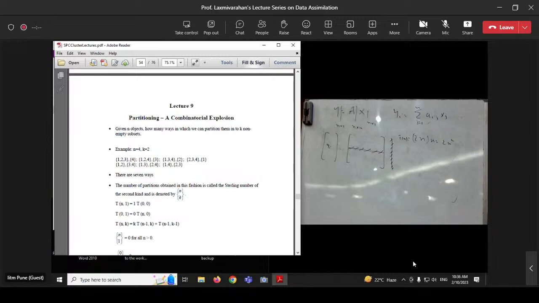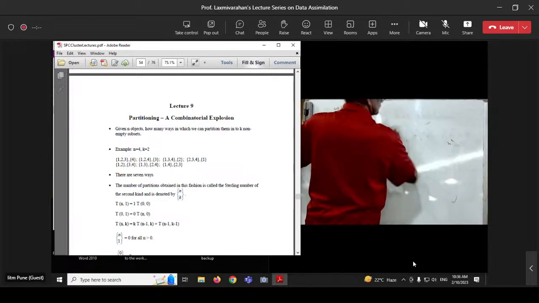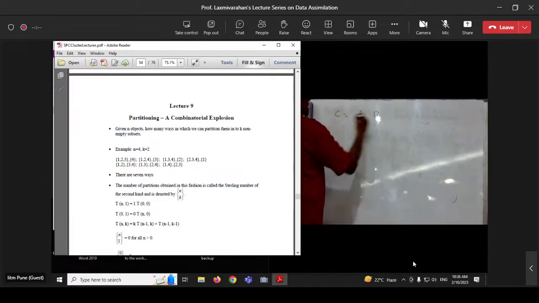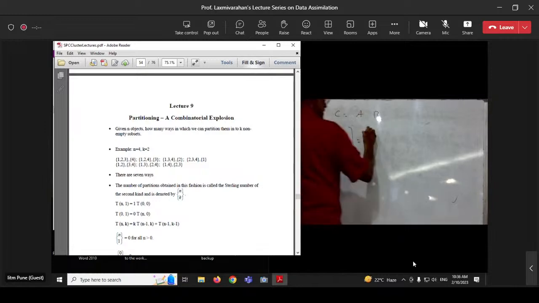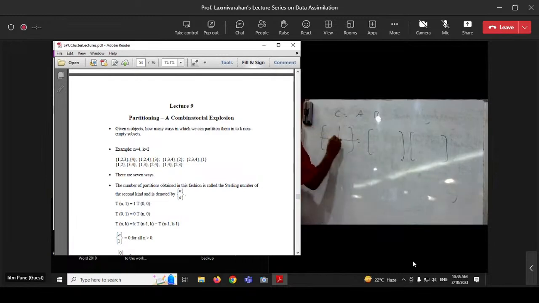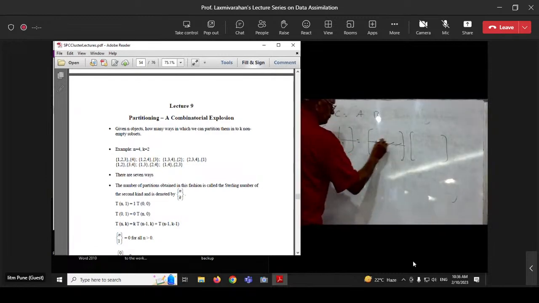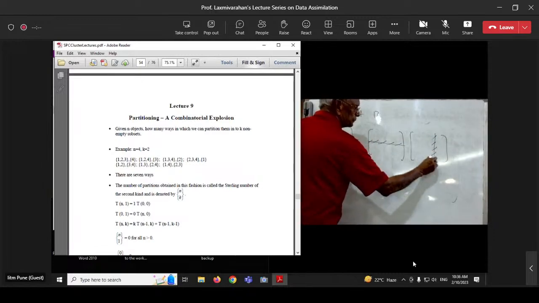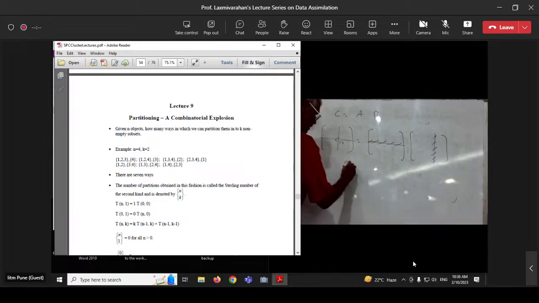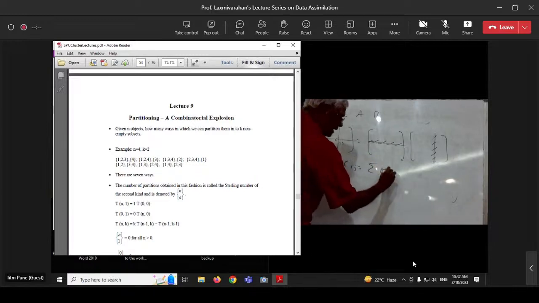Are you with me? Now let's do matrix product. C is equal to AB. This is C. This is A. This is B. This is C_ij. So to compute C_ij, I have to take the inner product of the ith row of A and the jth column of B. So C_ij is equal to summation A_ik B_kj, k equal to 1 to n.